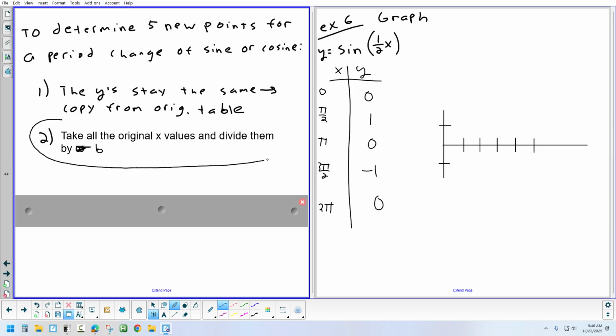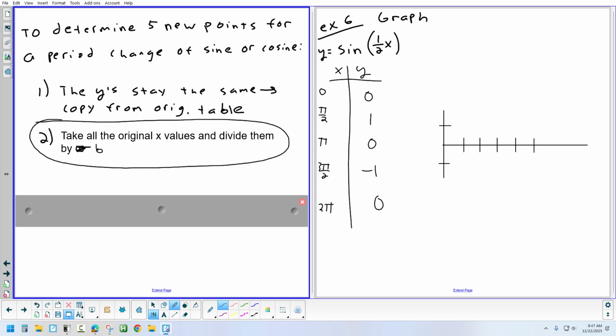According to step 2, we're going to take the original x's and divide them by b. Well, what's b in this case? B is a half. So we have to divide all those values by a half.